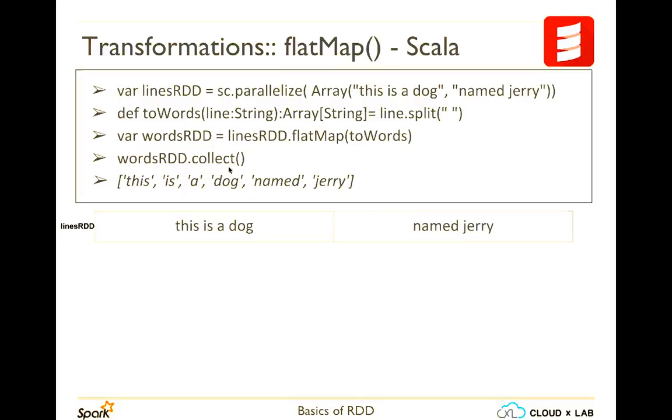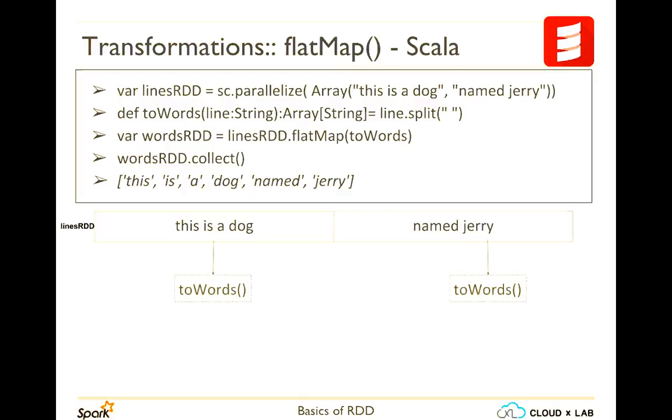When we call collect, the action is called, and then all of this will be executed, and the result will be this. So flatMap basically calls the argument, whatever method we are calling here, on every element of this RDD. Whatever is the outcome of toWords on each element, it creates a single array out of those arrays, right?